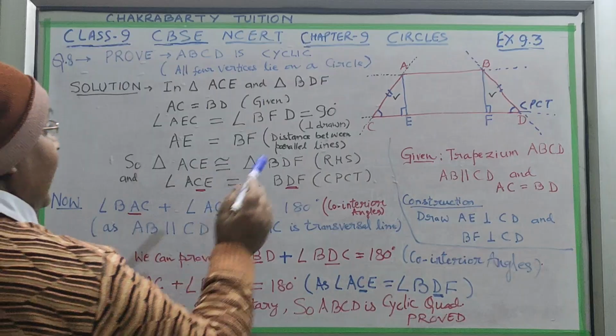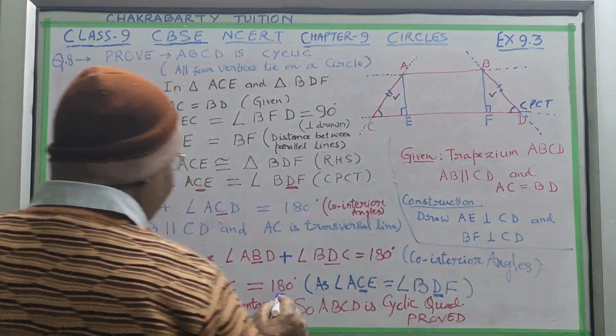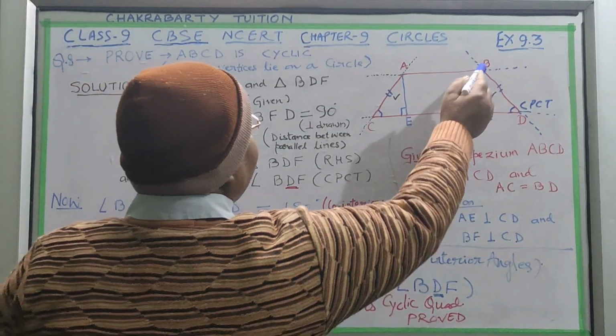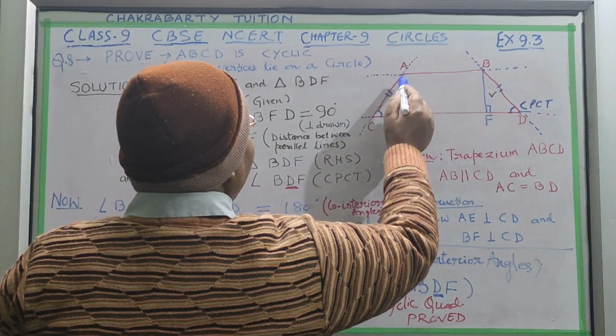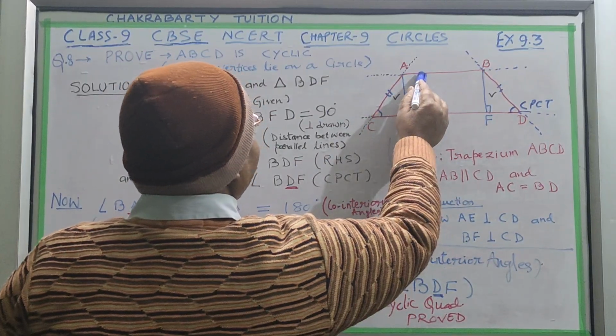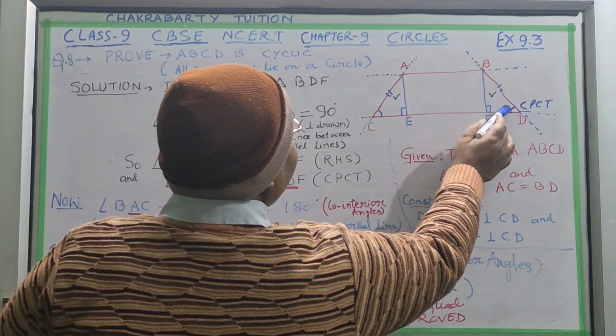So what we can say, angle BAC plus angle BDC will also be equal to 180 degree. Is it clear? Because this angle BAC, and ACD, this and this are co-interior angle and equal to 180 degree. This angle is equal to this angle.